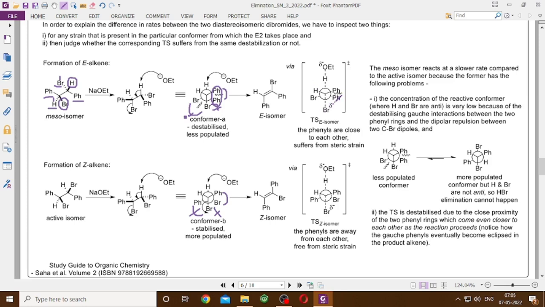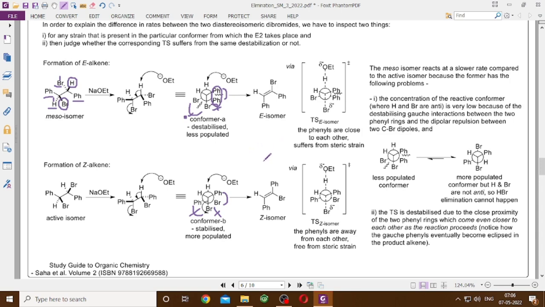Look at the transition state. The two phenyl groups are being squeezed toward each other because the carbons are changing their hybridization from sp3 to sp2, and there is a developing severe torsional strain and eclipsing strain in this case, whereas you have the two phenyl groups away from each other here. So this transition state is less crowded, relatively more stable. That transition state is less stable, this transition state is more stable, that population is higher, that population is lower.